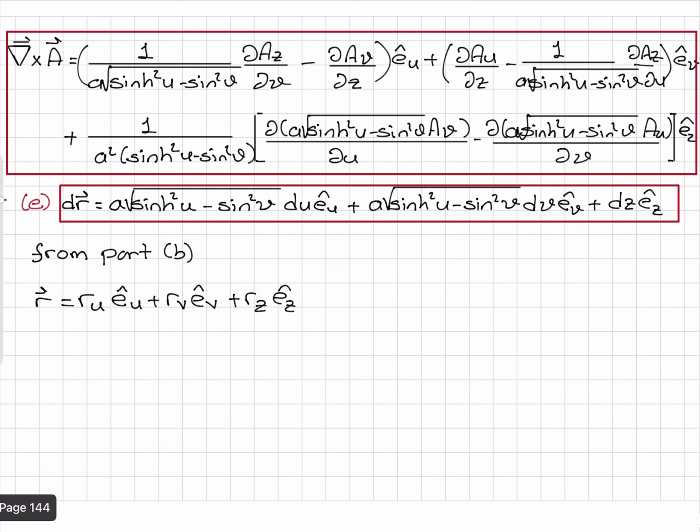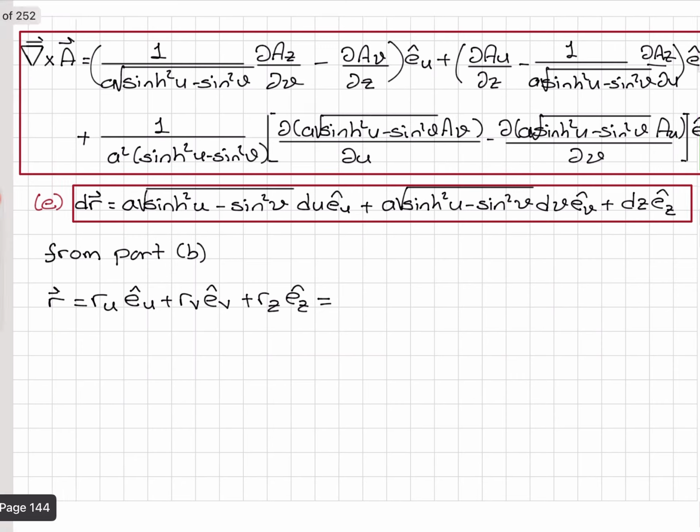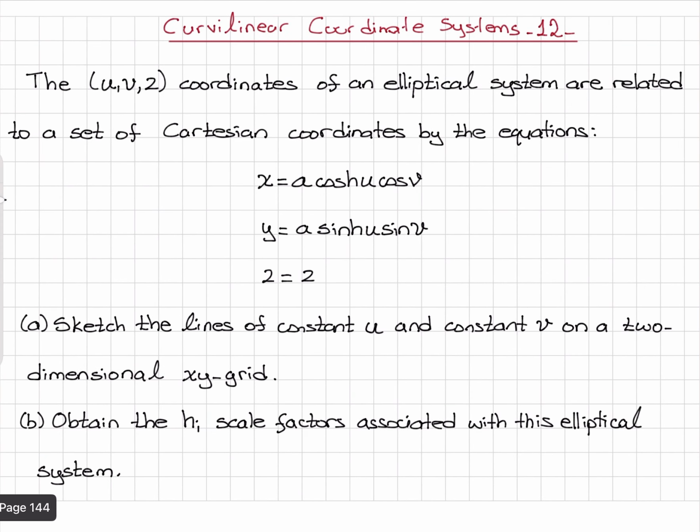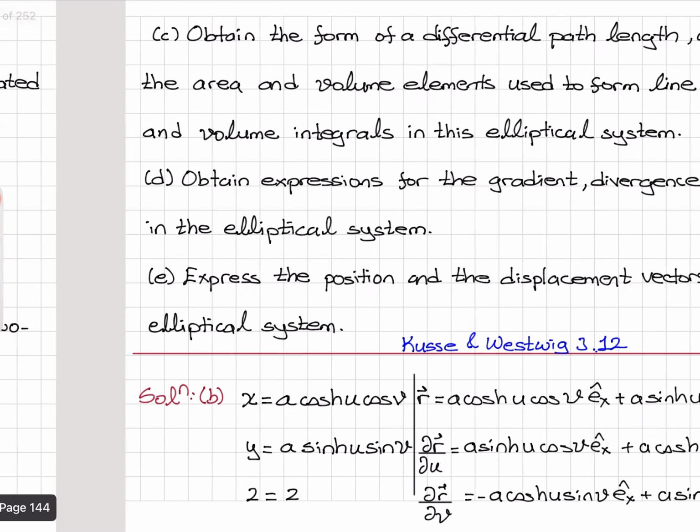Plugging in the position vector written in terms of Cartesian unit vectors and using the transformation equations, remember that x is equal to a cosh u cos v, y is a sinh u sin v, and z is equal to z.